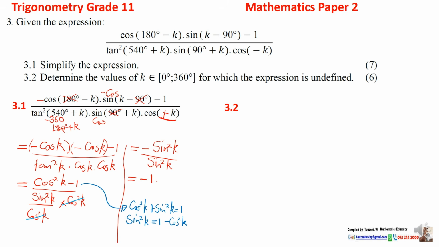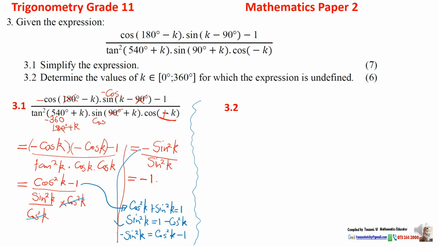But if we swap these ones into cos squared k minus 1, then it means our identity on the left side is equal to a negative sine squared k. That's how we got the negative that is on top there. That is our identity 3.1 proved.